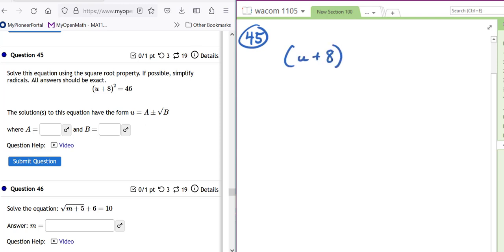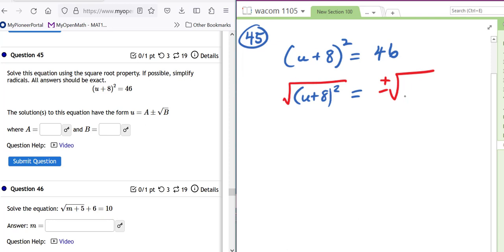You have something squared equals a constant. So take the square root of both sides. Remember, when you do that, this side gets plus and minus. This one gets your exponent off, so that leaves u plus 8 equals plus or minus square root of 46.